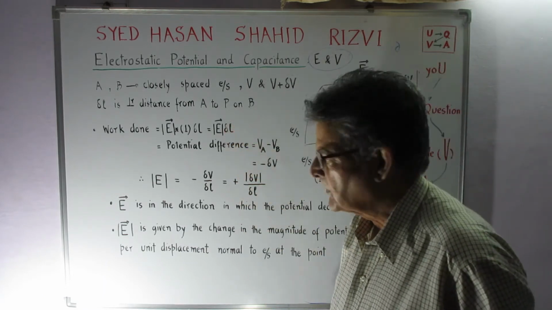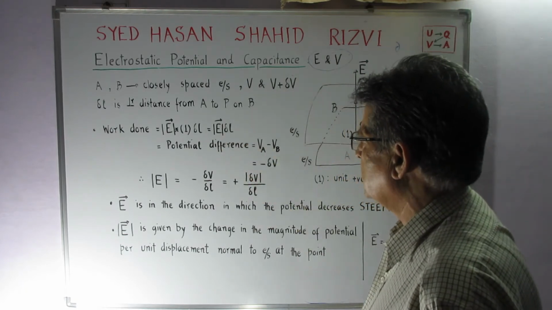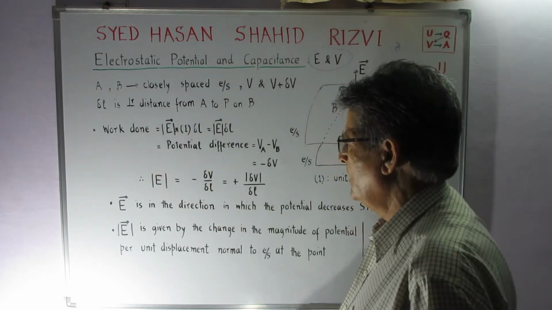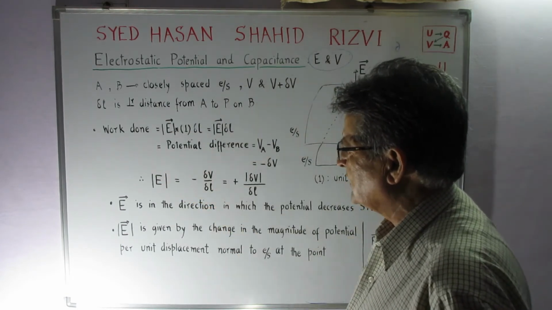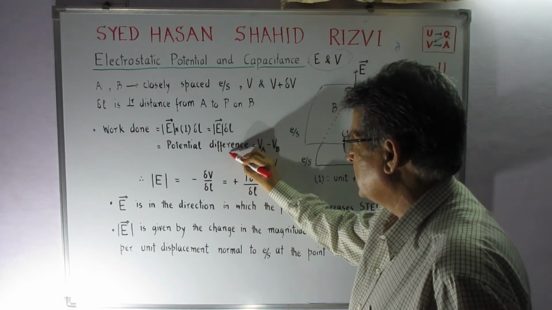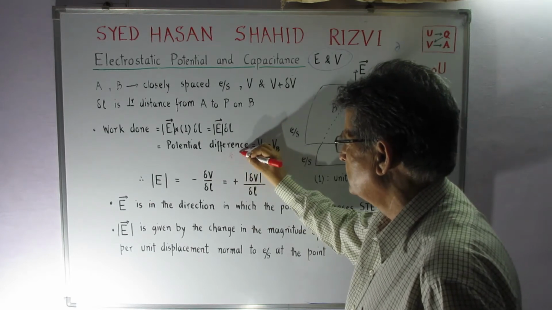So E, the magnitude, multiplied by delta L. And this work done must be equal to the potential difference multiplied by 1.